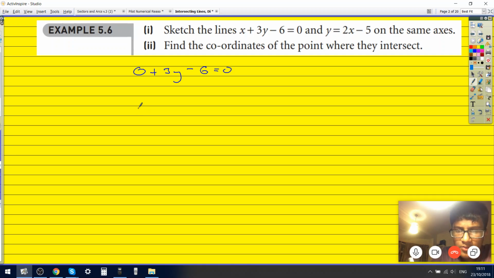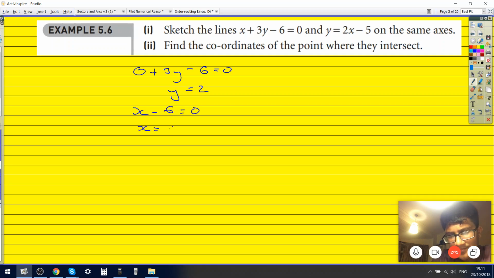So 3y minus 6 is 0. Y is 2. So y is 2. And then when y is 0? When y is 0, so that would be x minus 6 is 0, so x is 6.